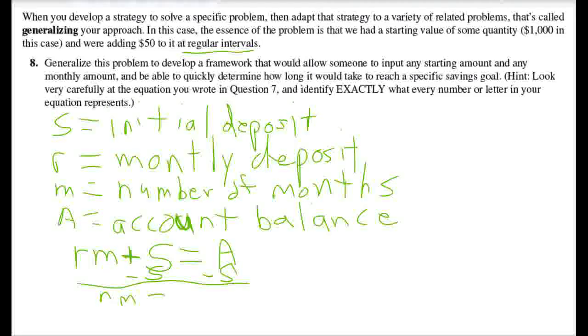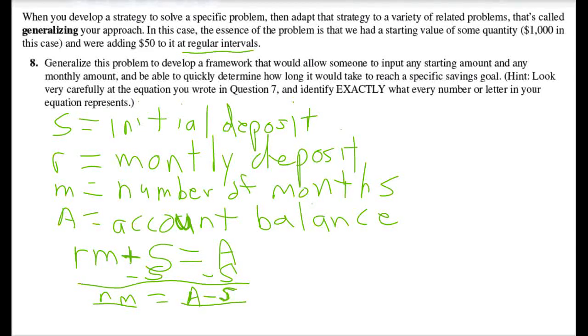RM equals A minus S. And if we think back to the way we did this when we just thought about it algebraically, we took the account balance we wanted, $4,500, and subtracted the initial deposit, $1,000, to get $3,500.